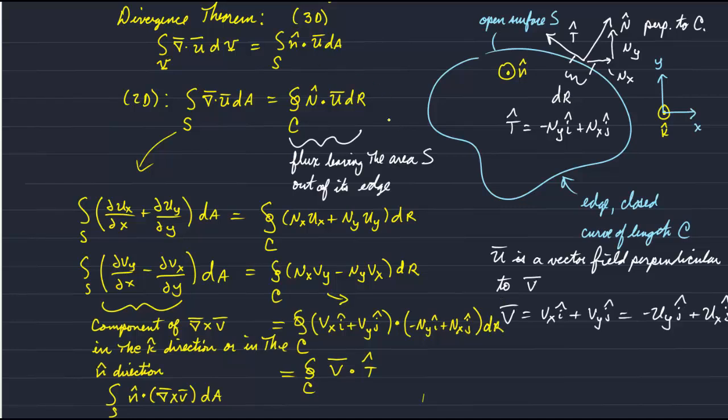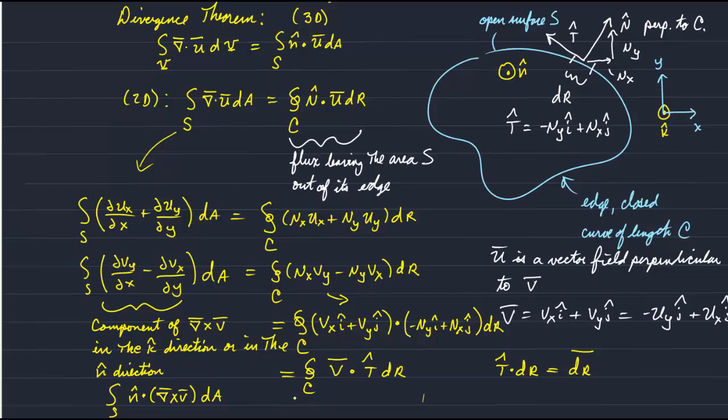I have in my notes ds, so that's why I made that mistake. It should be dr. And t hat dr: t hat gives the direction of dr, dr gives the length of dr, and so we can just write this as dr as a vector. It's a vector pointing in the direction of t, and it has a length of dr.